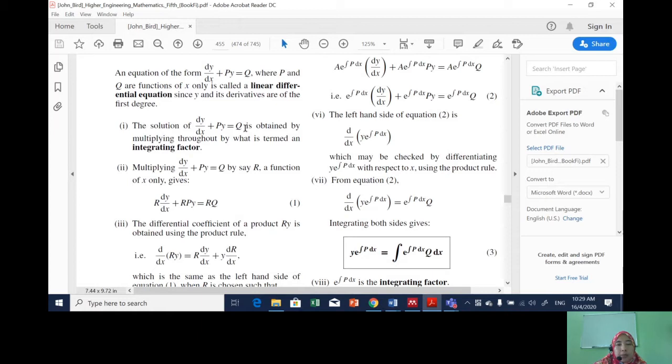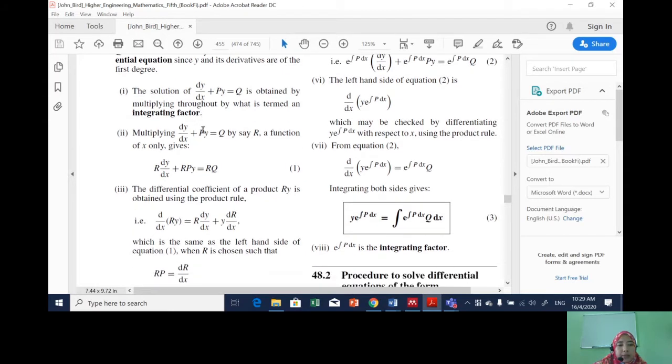Once we determine correctly what p is, we find the integrating factor. The p that we find must be integrated using this kind of formula. The one in the box here is the integrating factor, which contains e to the power of integration p dx.